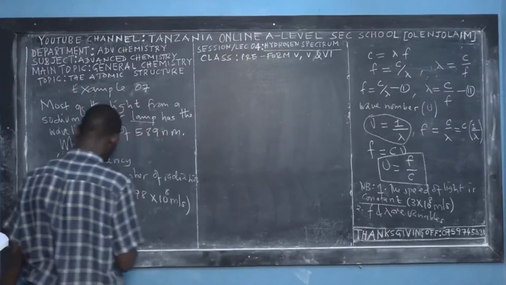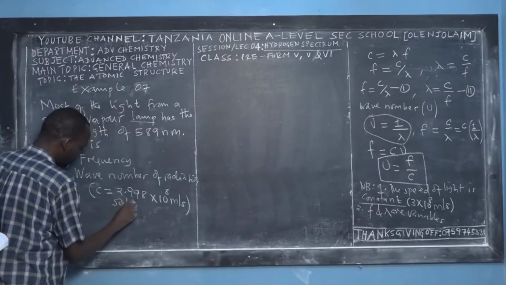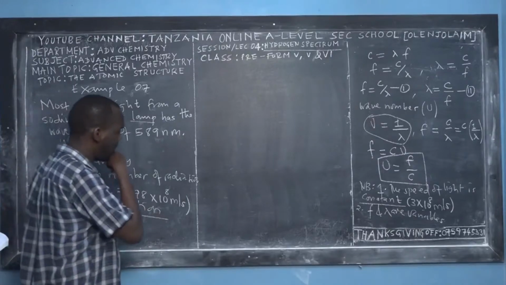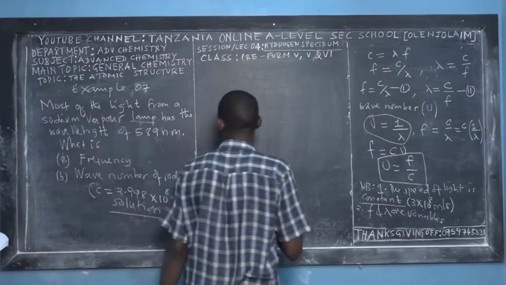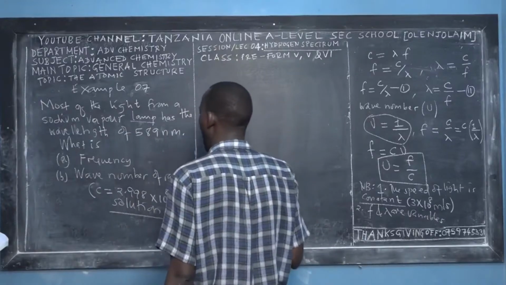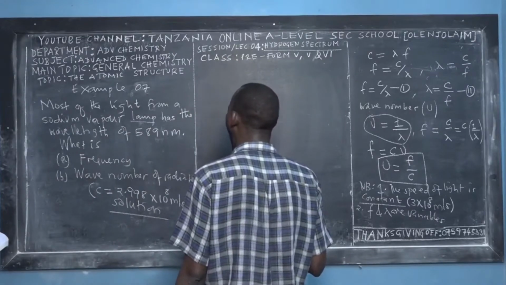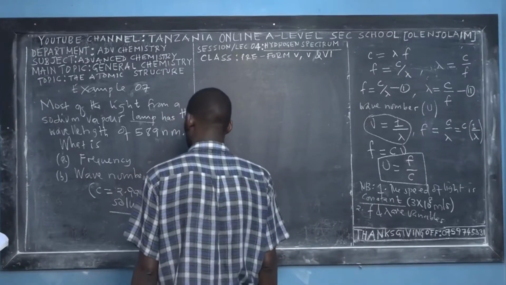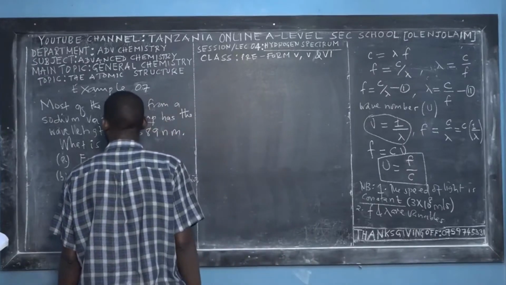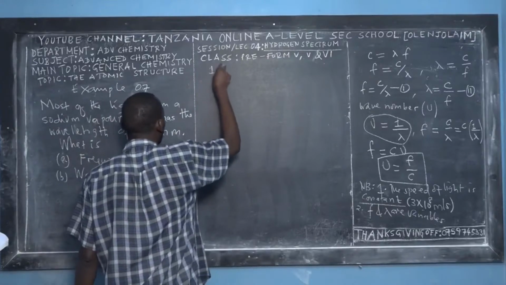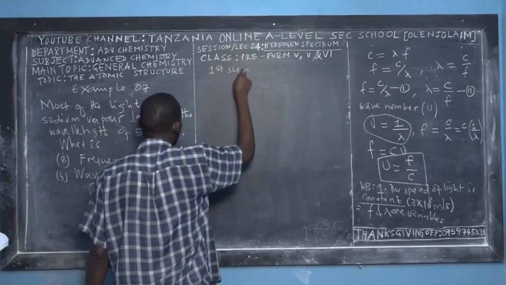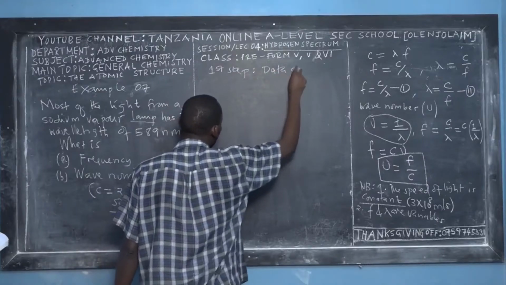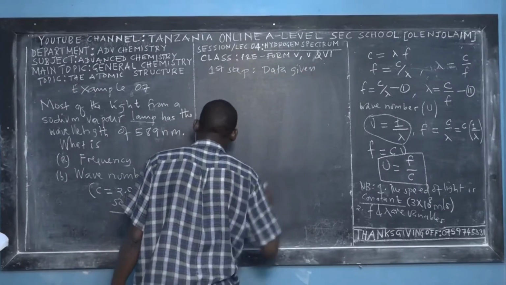So, solution. We are given the wavelength, so we'll follow some steps in solving this problem. The first step: let us obtain the data given in the question.